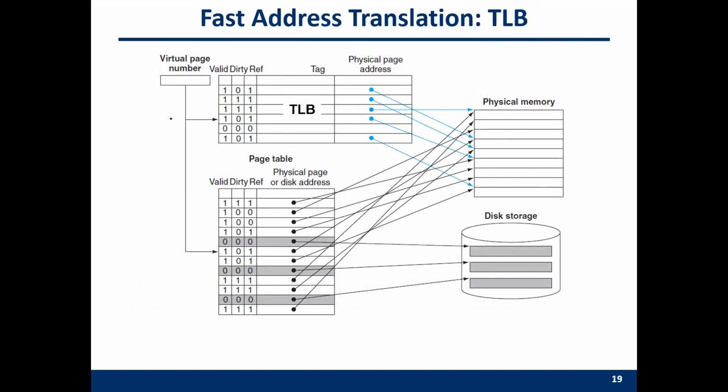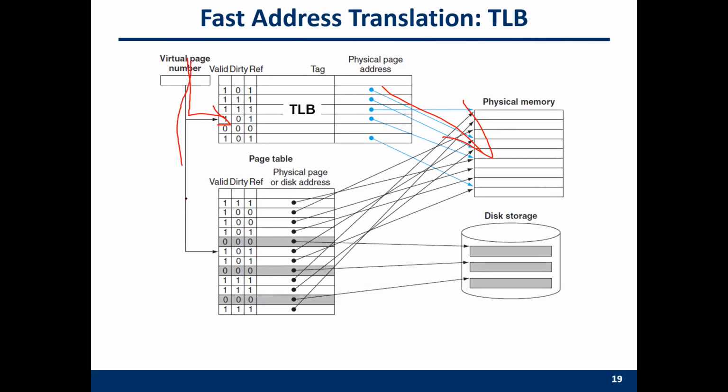The TLB is very small. Once you have the virtual page number, we go to the TLB, and then we can go to the physical memory. In this way, we don't have to go to the page table every time. Once we get a hit in the TLB, we have just one memory access to the physical page.